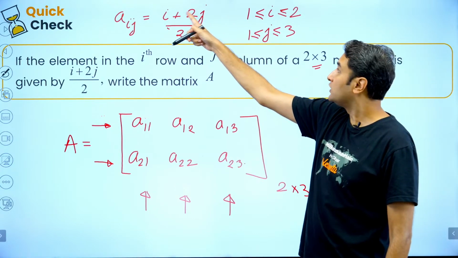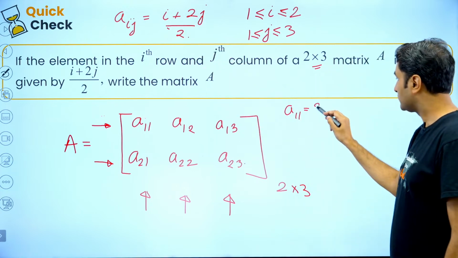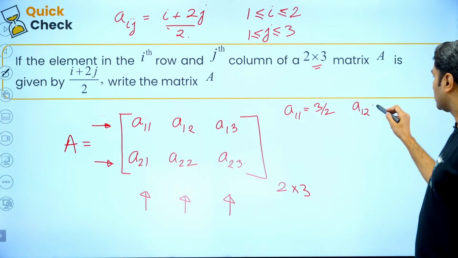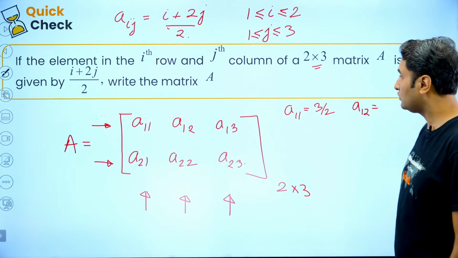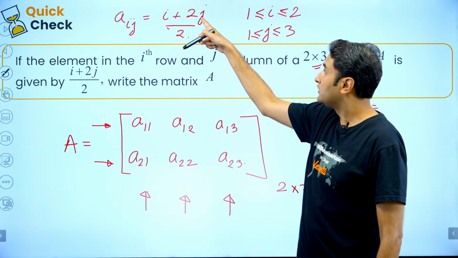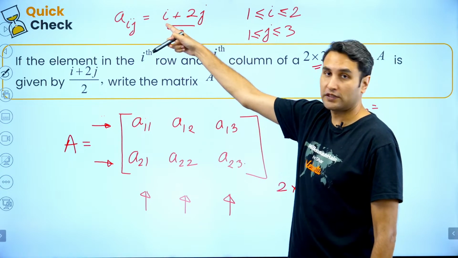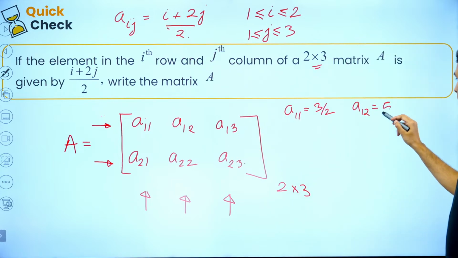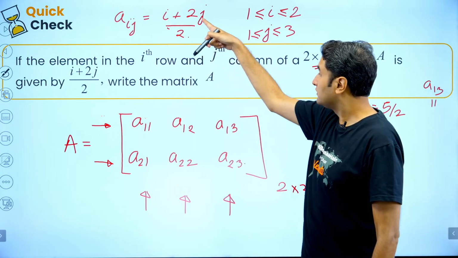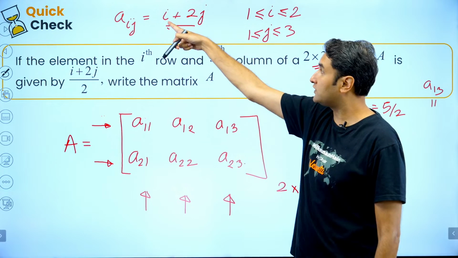What will it be? 3 by 2. What is A12? Do it, all of you. A12, first row, second column: 1 plus 2 into 2, 4, 4 plus 1, 5, 5 by 2. If I am not wrong, you can check, right? And similarly, what is A13? A13 is i 1, j 3: 3 twos are 6, plus 1, 7, 7 by 2.